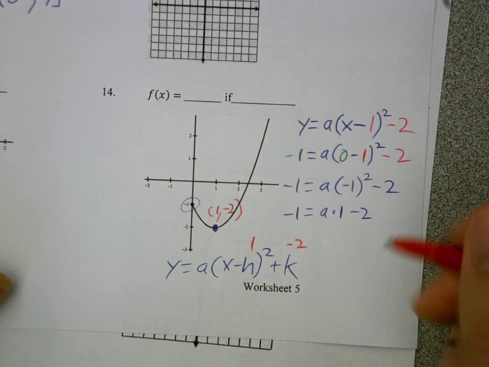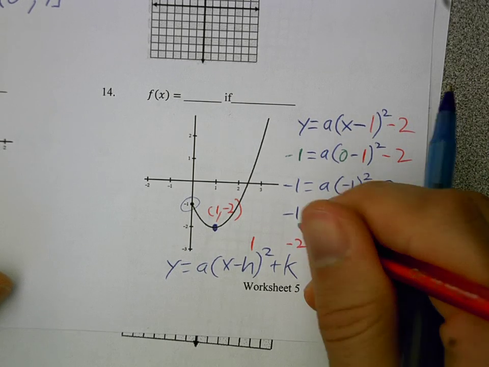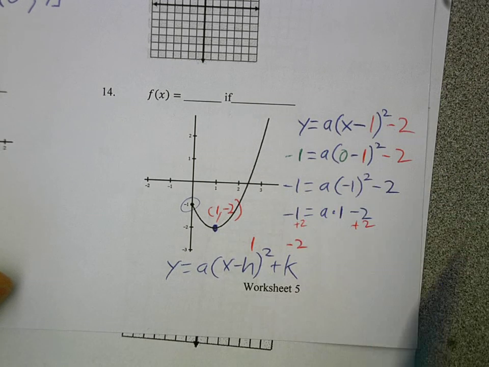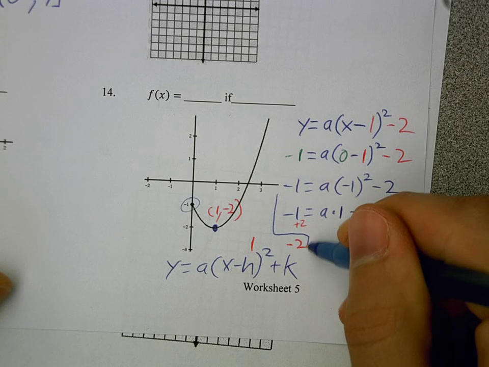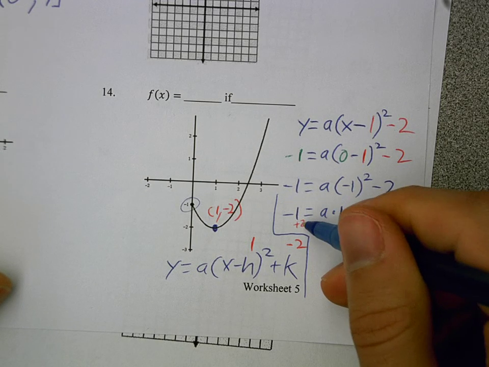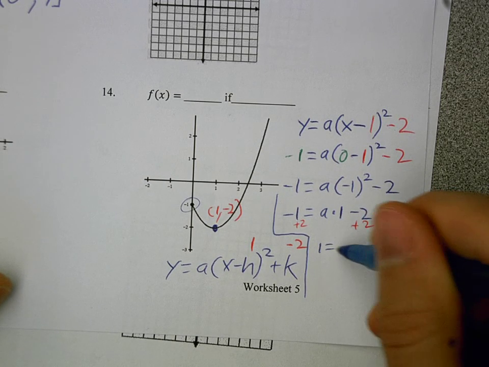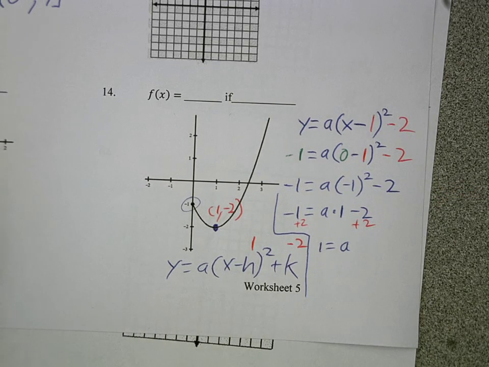Add 2 to both sides. So essentially just solve for a. We get -1 plus 2 is 1, is equal to a times 1, or just a. So this a really is just 1.